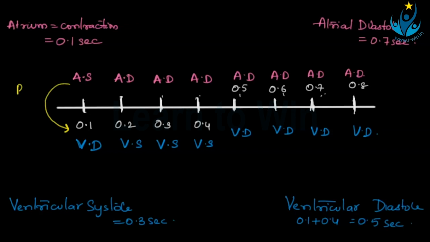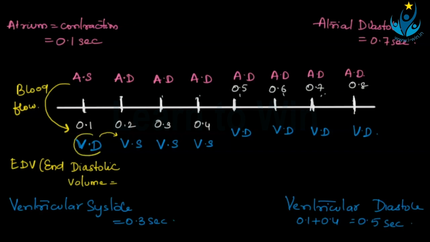This blood volume in the ventricle is known as EDV, that is end diastolic volume. It is the volume of blood present in the ventricle before it starts contraction. The next step is ventricular contraction.